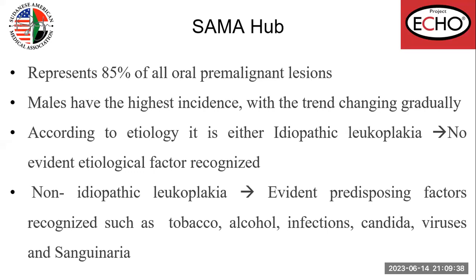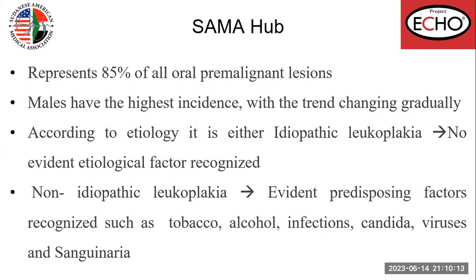If we look at the etiology of leukoplakia, we can find two main types. It can be either idiopathic leukoplakia, which means there is no evident etiological factor recognized for it, or it could be non-idiopathic leukoplakia, in which case we have evidence of predisposing factors such as tobacco use, alcohol consumption, bacterial infections, fungal infections like candidal infections, viruses, and sanguinaria.